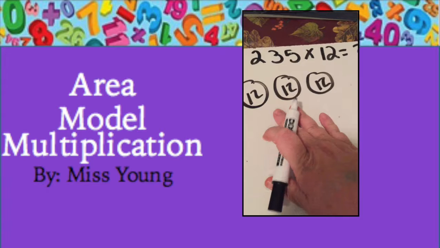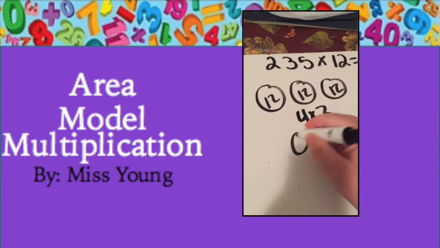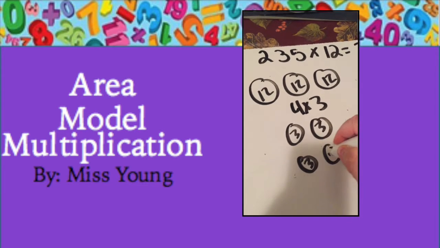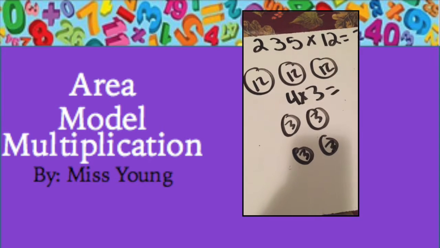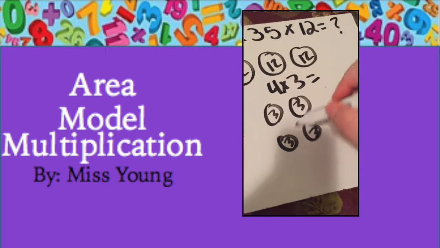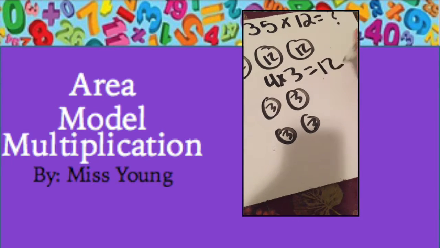And we practice that at the beginning when we're doing 4 times 3. 4 groups of 3 inside gives me my total number of items. So 3 plus 3 is 6, plus 3 is 9, plus 3 is 12.